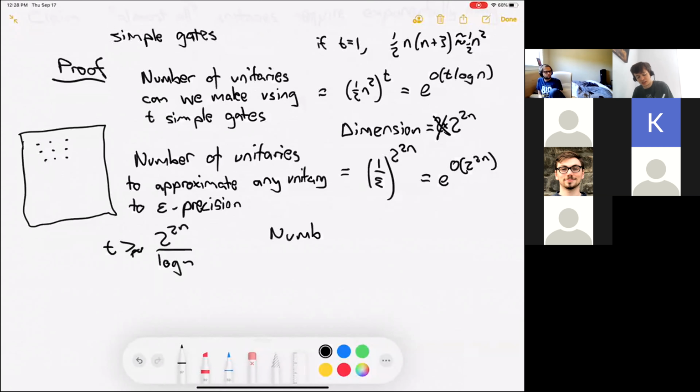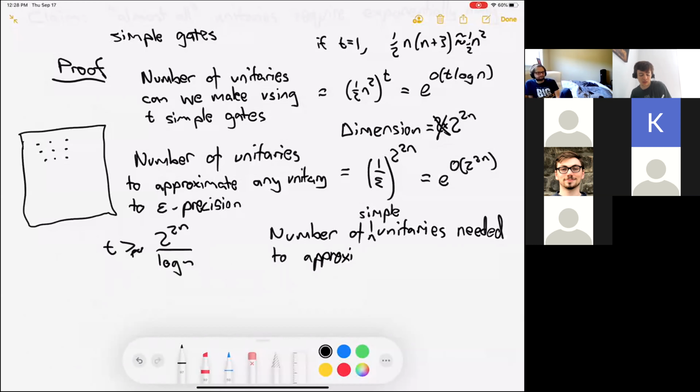The number of simple unitaries needed to approximate any unitary is at least of order 2 to the 2n over log n. Okay.